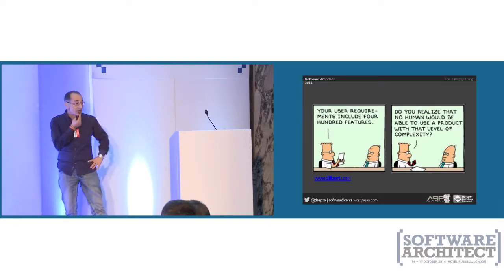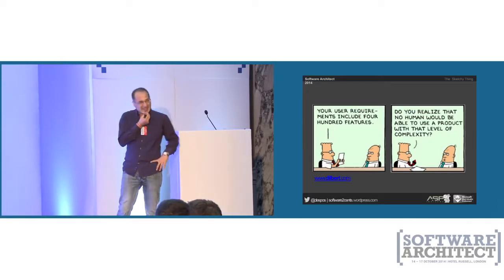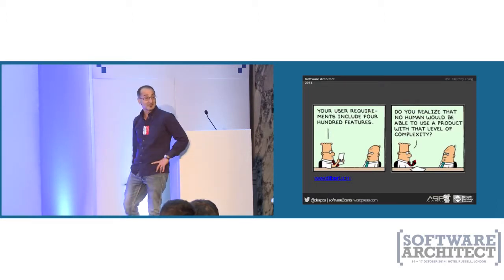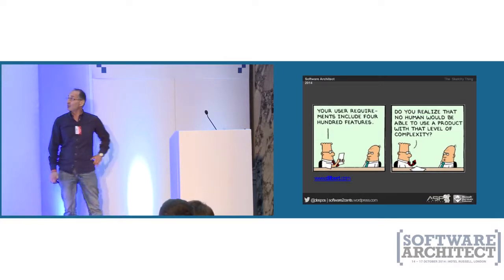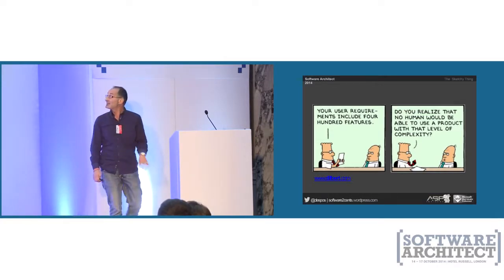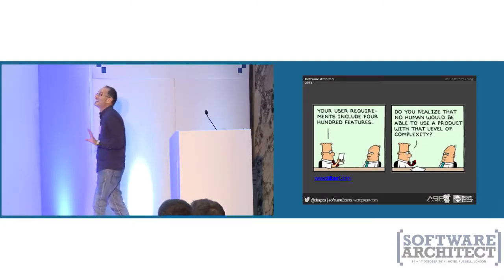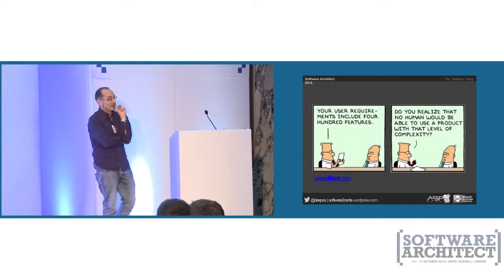This is a very popular Dilbert strip. I think this was created in 2001, so 15 years ago, sort of. So it's a long story. Your user requirements include 400 features. Do you realize that no human will be able to use a product with that level of complexity?